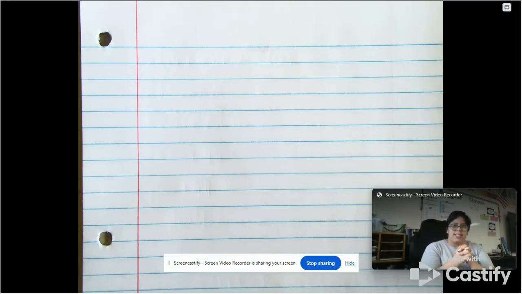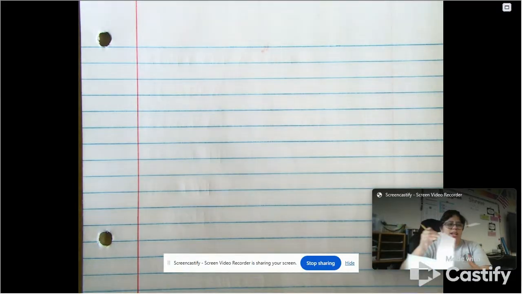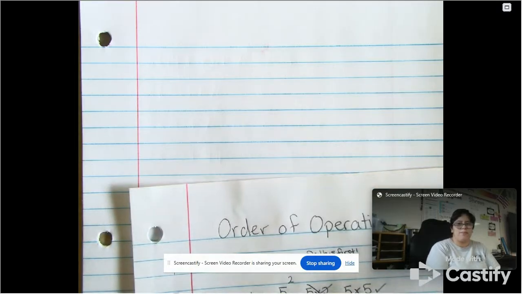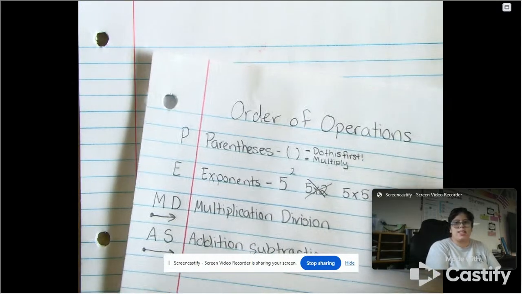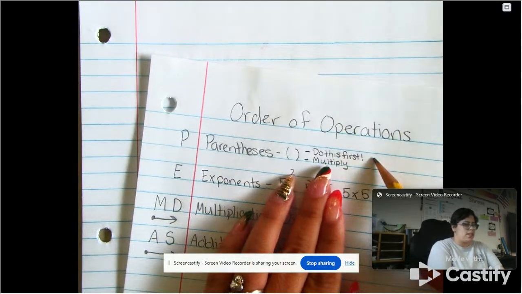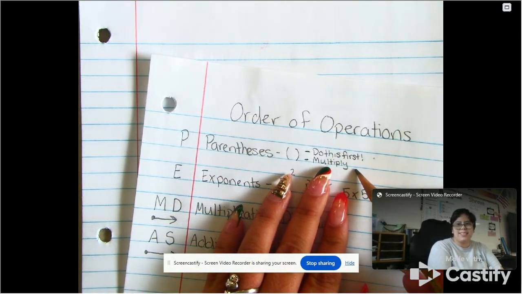One of the first things is, remember how I mentioned that with our parentheses, we do what's inside them first and then we switch it out to mean to multiply? So parentheses still mean to do them first, but not every single time does it mean to multiply.